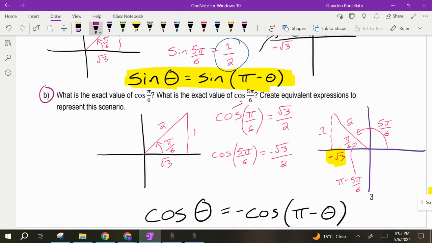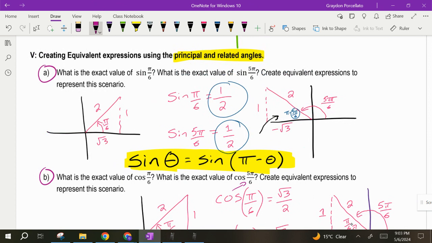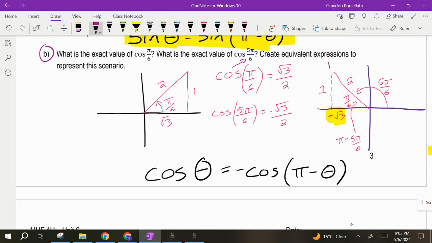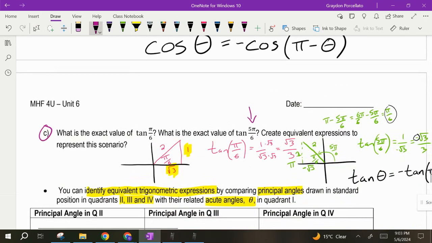Where is that angle? It's in quadrant 2. So we already created those equivalent trig expressions.